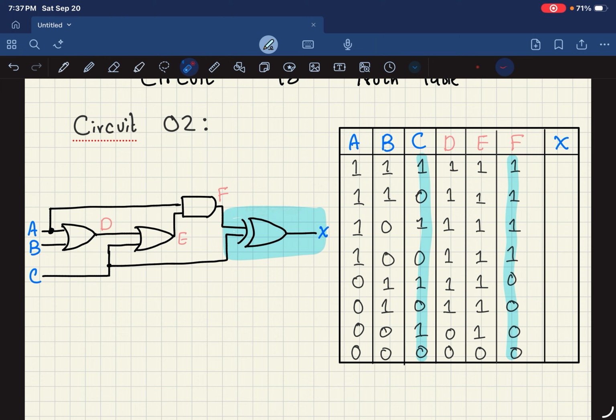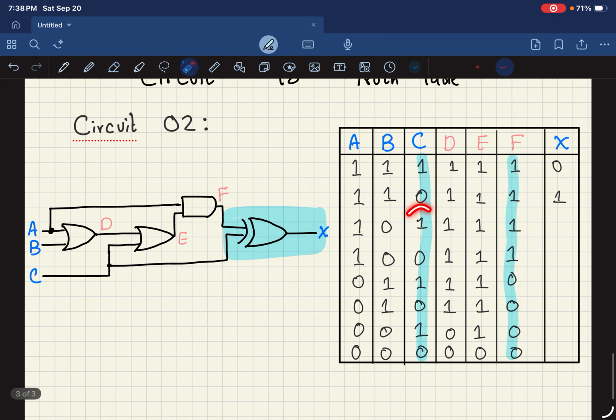So the XOR gate, if you again recall the logic, gives out a 1 when both inputs are different. If they are the same, it gives out a 0. So if you look at the first two inputs, it's 1 1, the same input, so it's 0. The second set of inputs is different, so it will produce a 1.